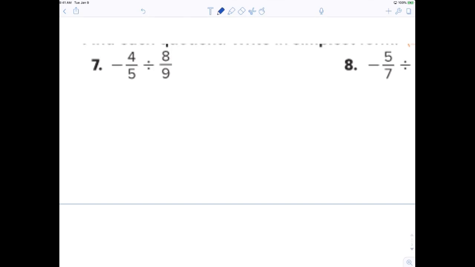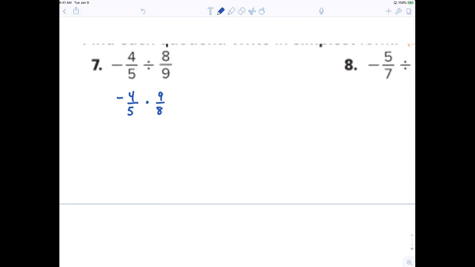So I want everybody to write down on their paper. You don't have to write the original problem, just write the reciprocal part. Just write negative 4/5 neatly. And I want the whole thing worked out. Negative 4/5 times 9/8. Now your job is to tell me, is it positive or negative?